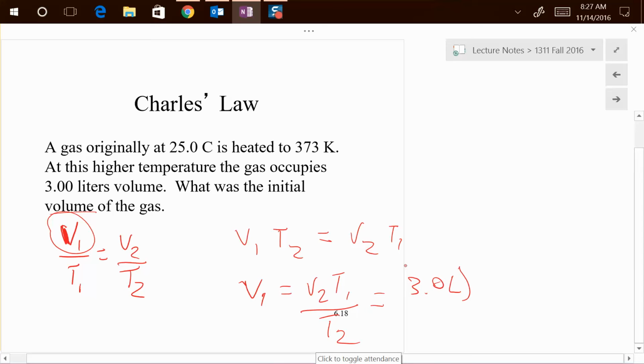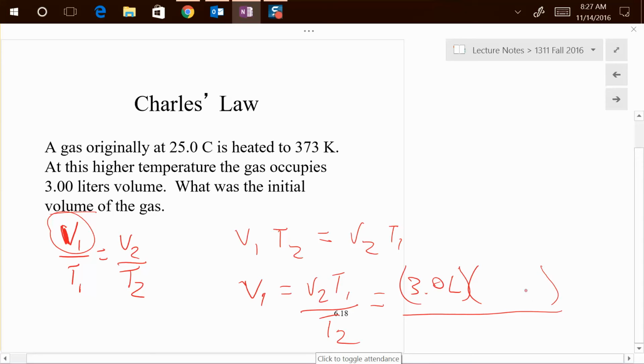3.0 liters. T1. 373 Kelvin. Nope. That's not right.